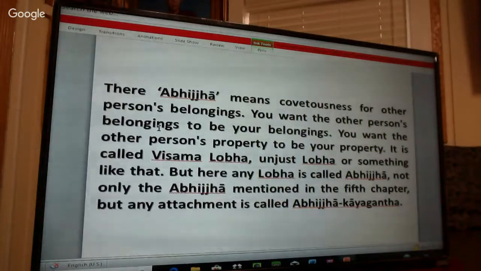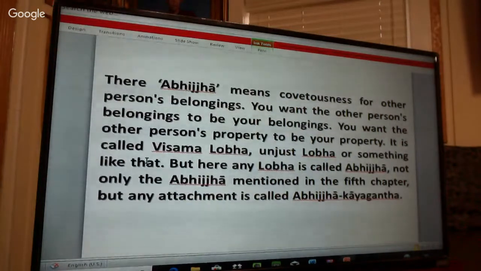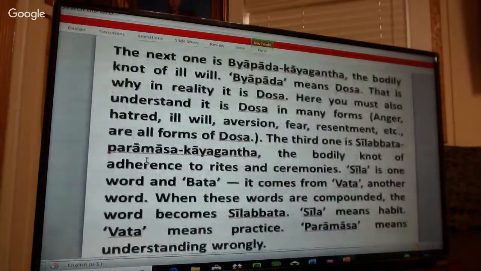Okay, we go a little bit more. The next one is Byapada Kaya Ganta. Byapada means dosa. We already know that one, isn't it? Dosa, anger.